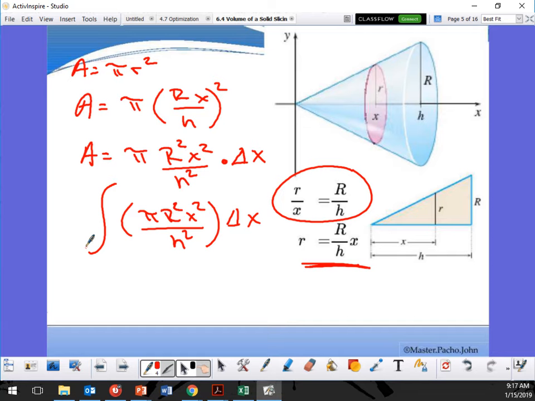So if I'm going to integrate this in terms of x, I'm going to come up with 1/3, because I add 1, pi r squared x to the 3 all over h squared.